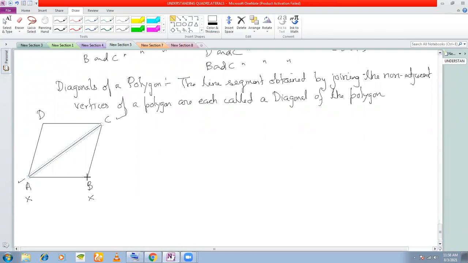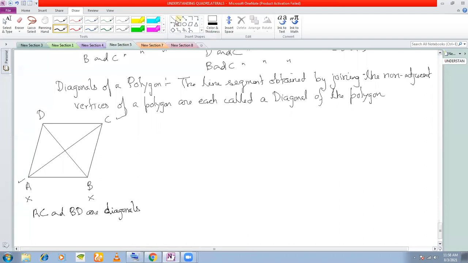Similarly, B and D are not adjacent, so you join them and get another diagonal. How many diagonals in this polygon? Two, AC and BD. Only two diagonals.